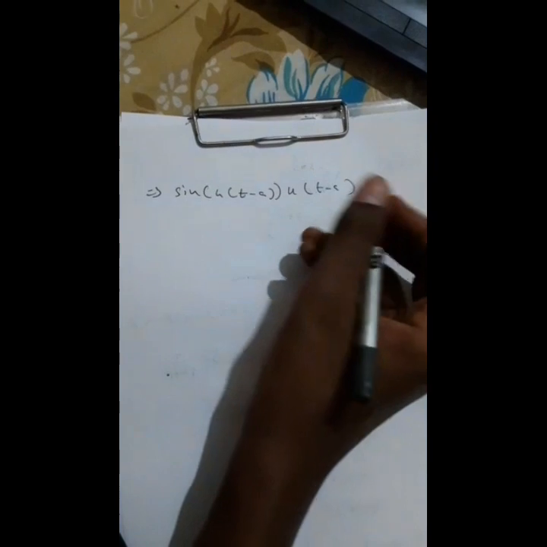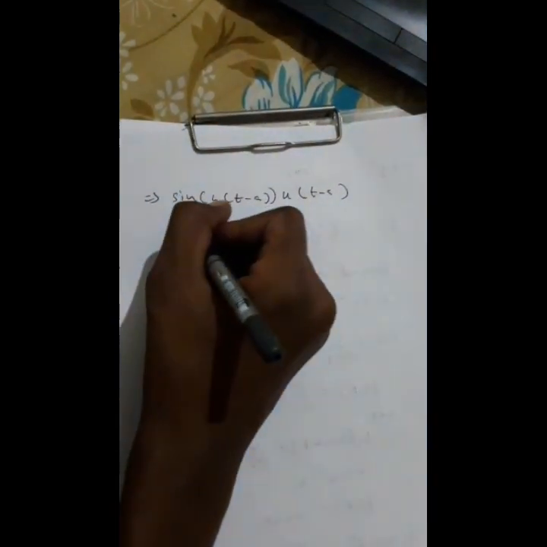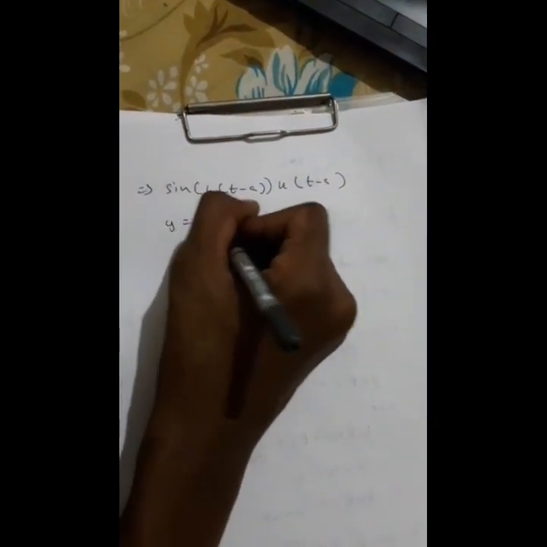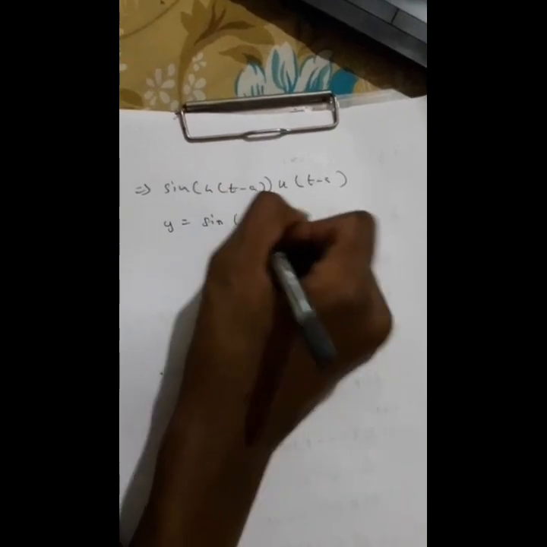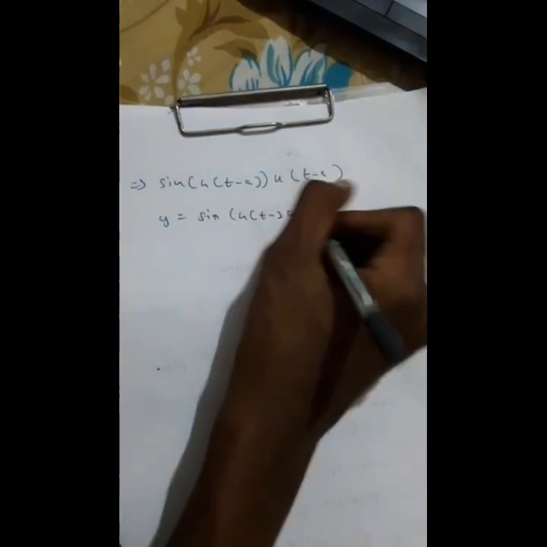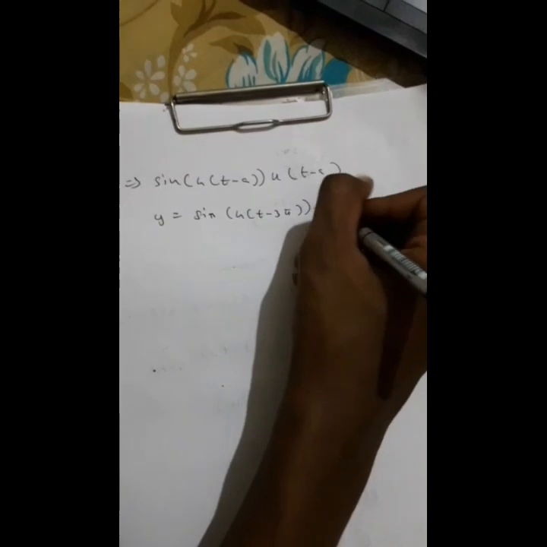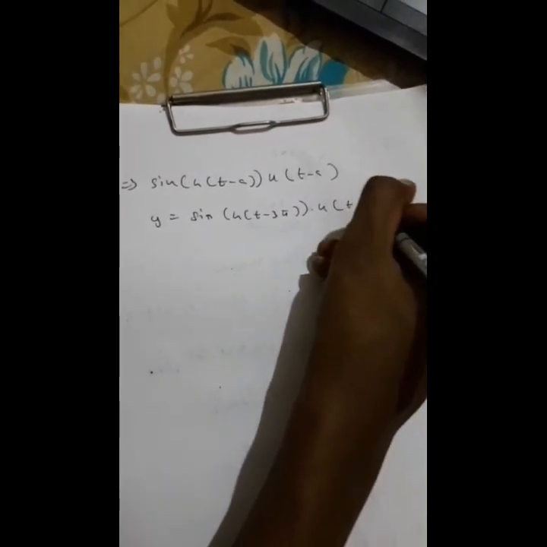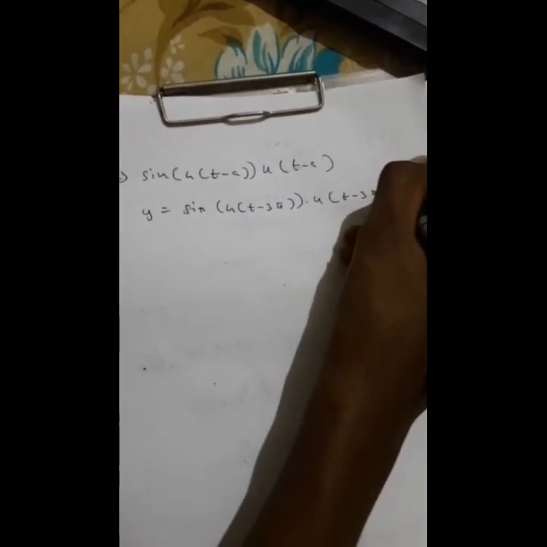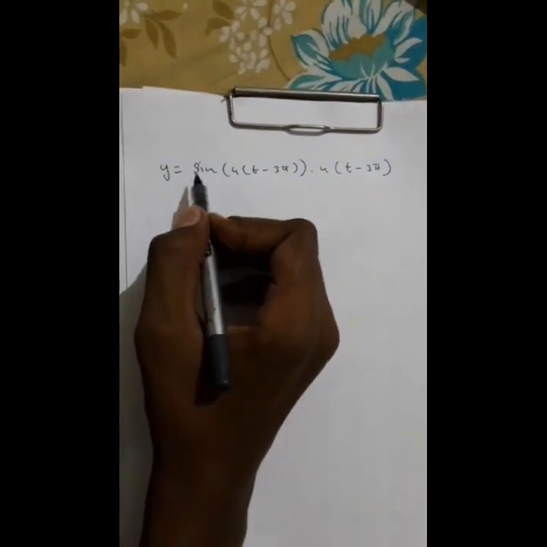Here a is 3 pi, so y is equal to sine 4 into t minus 3 pi, u of t minus 3 pi. Okay, this will be the solution of the ODE.